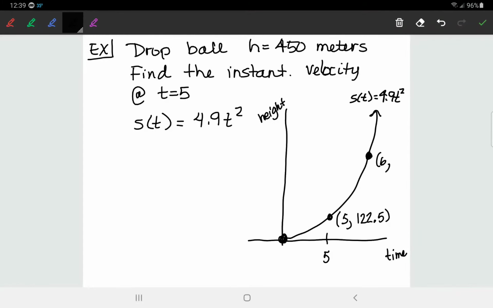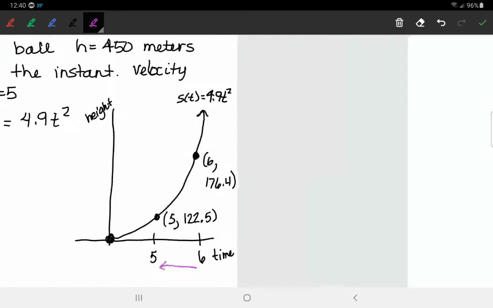Let's say we're looking at the time interval between 5 and 6 seconds. When you put 6 in, we get a height of 176.4. And what we will be doing then is moving this time interval closer to 5 until we can see what is happening.